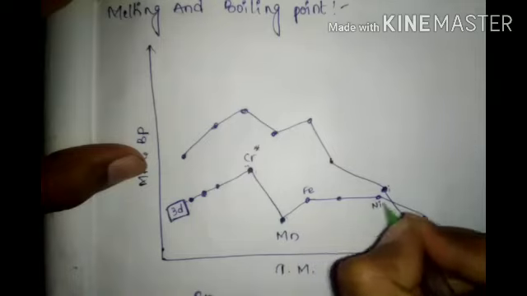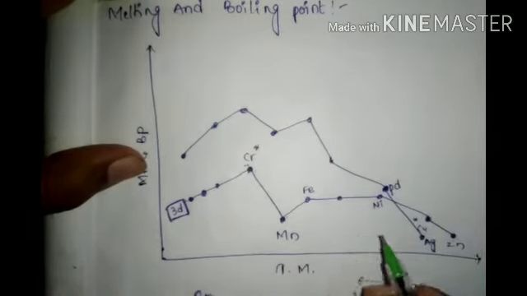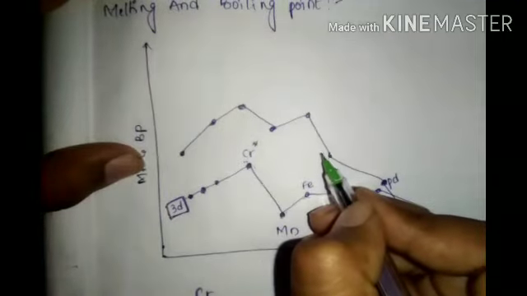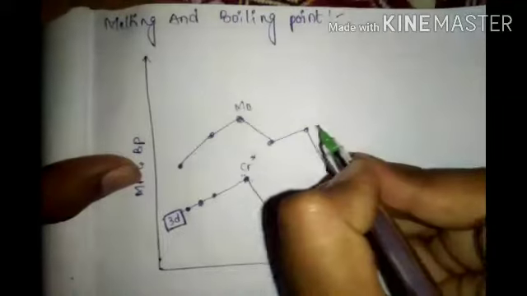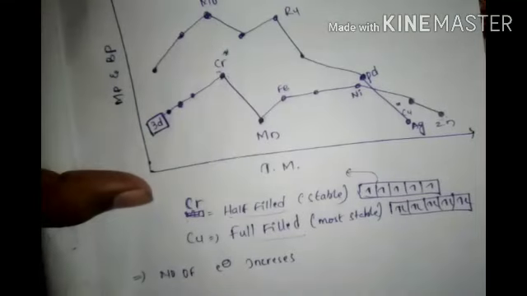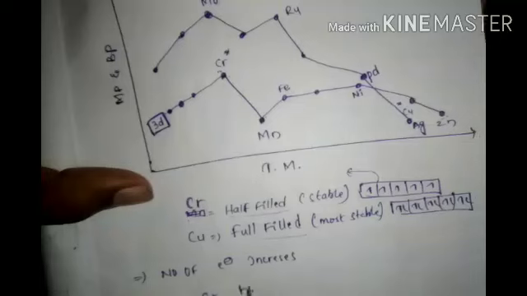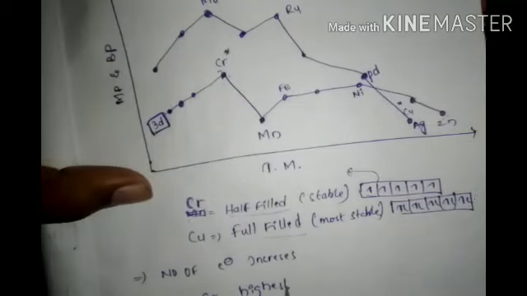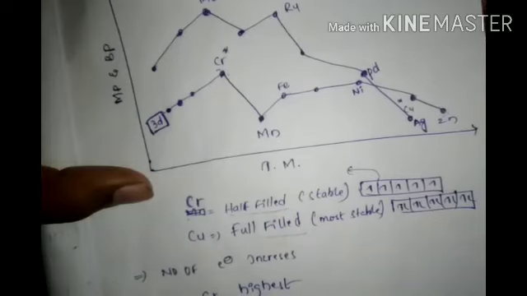This is nickel, this is palladium. Both are very near, almost the same. And this is molybdenum, the highest, Mo. Second highest, ruthenium. So in the 3D series, chromium is highest. In the 4D series, molybdenum is highest.